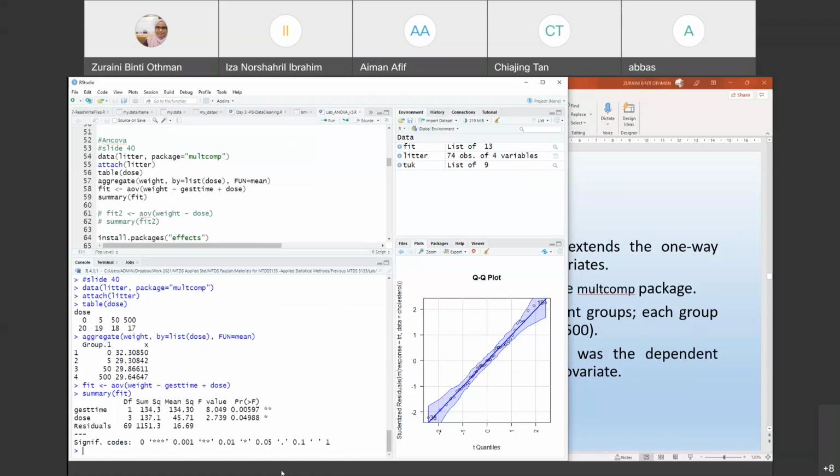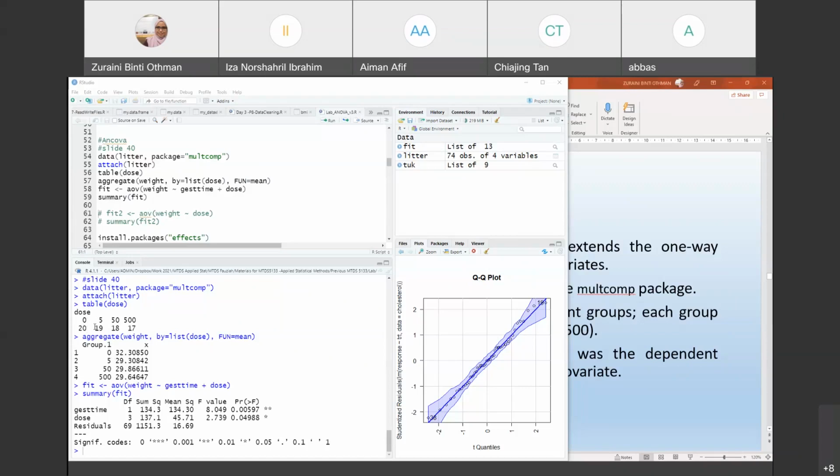How can we conclude this? From the table function, you can see that there is an unequal number of litters at each dosage level.